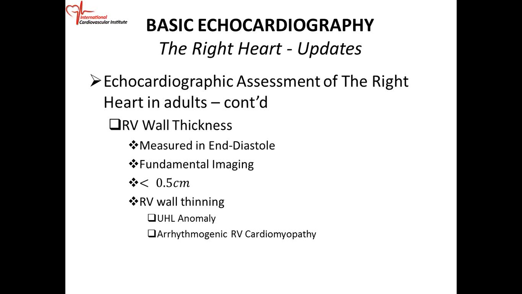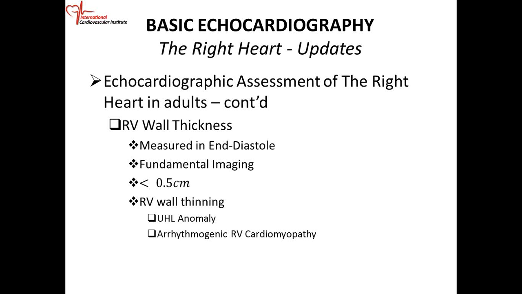You should use fundamental imaging as opposed to harmonic. And when we do ultrasound physics, you will understand the difference. But harmonic imaging tends to give the impression of more thickening of structures.